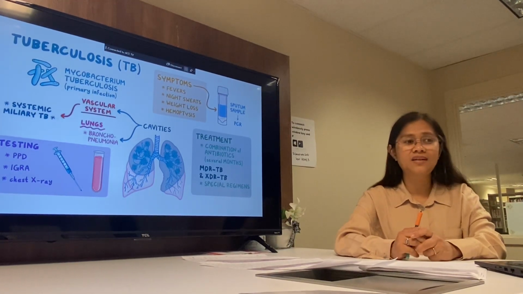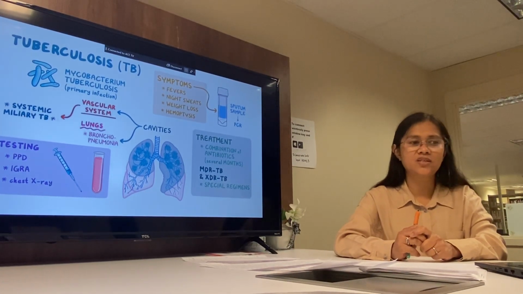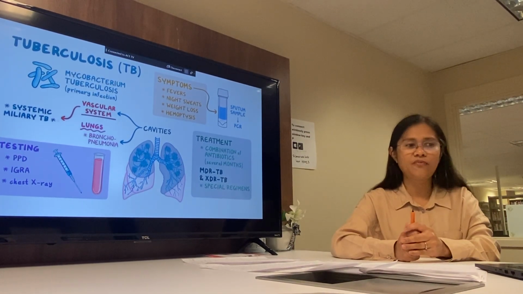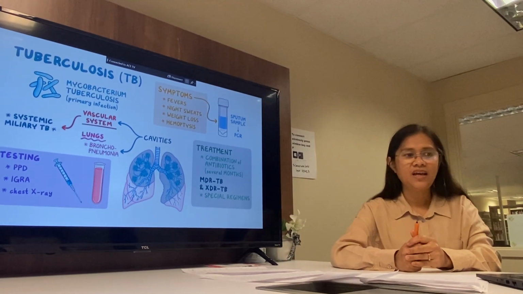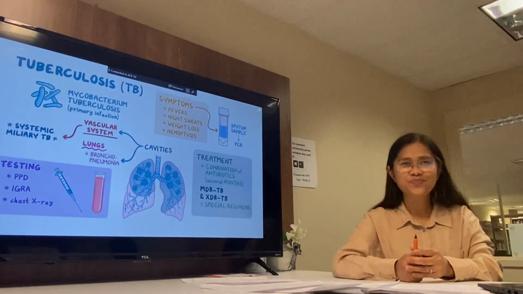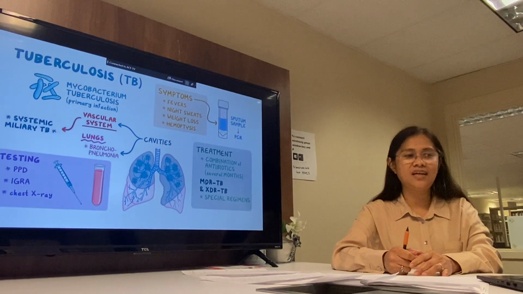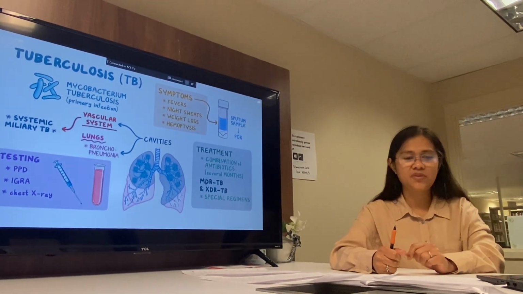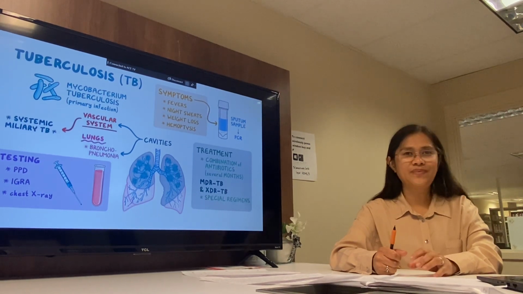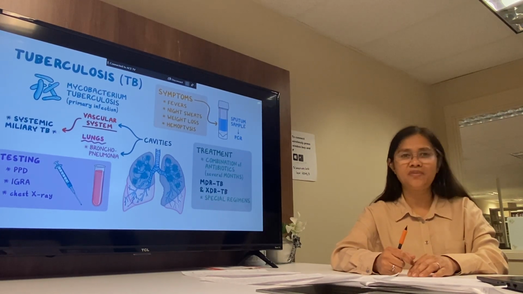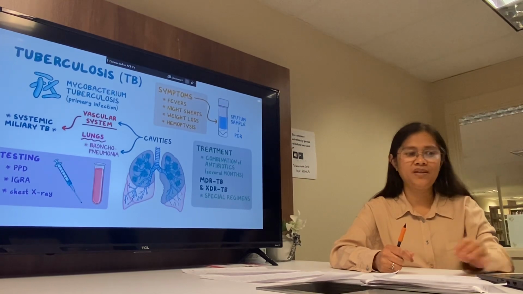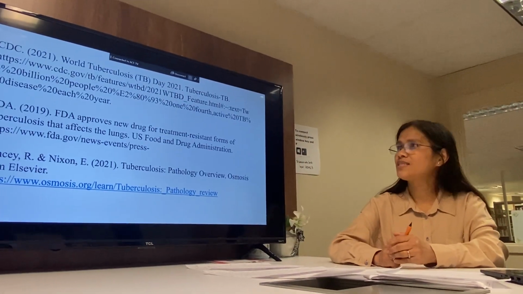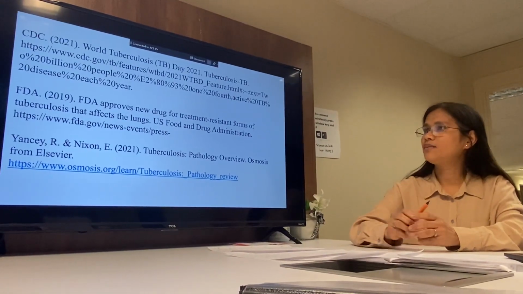Treatment for this infection includes combinations of antibiotics for several months, and for multi-drug resistant and extreme drug resistant TB, special regimens of antibiotics. And these are all my references for this report.